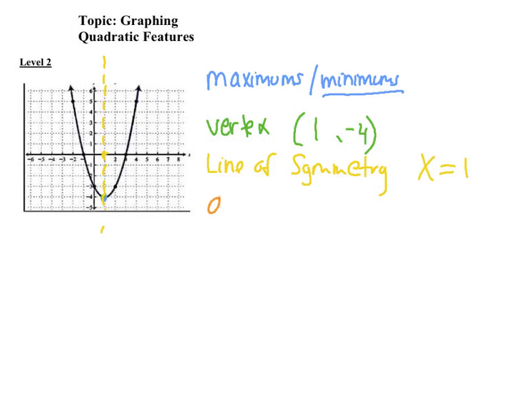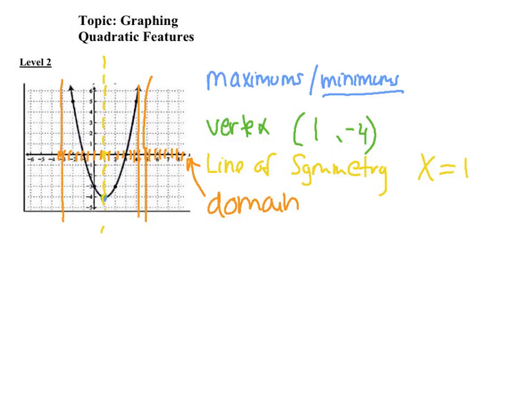The next thing we're going to focus on is the domain. The domain is the set of all x values for the function. The domain focuses on the x-axis. So if you remember, everywhere I draw a line and I extend that line, is it going to hit the graph eventually?